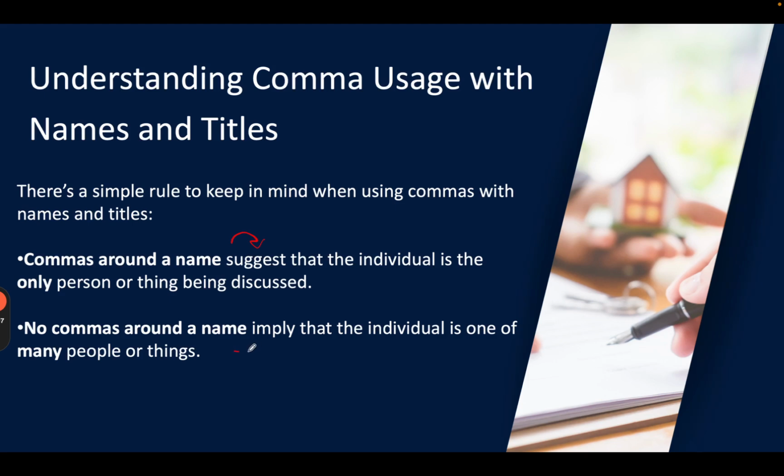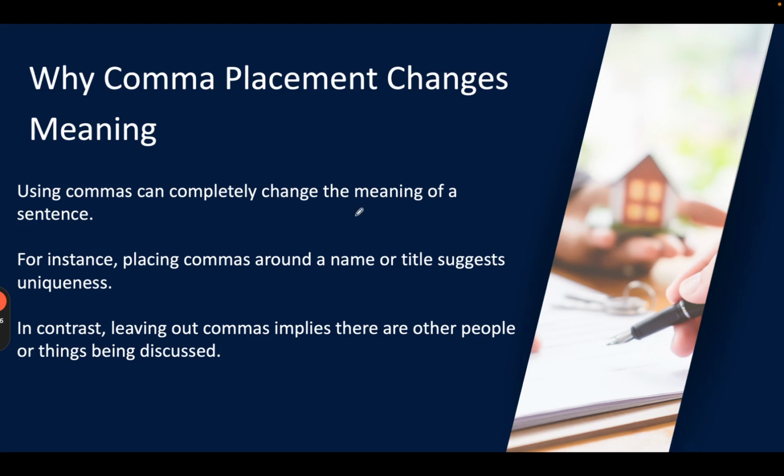No comma around a name implies that individual is just one of many people or things. Using commas can completely change the meaning. It's going to change the meaning of your sentence, right? Placing commas around a name or title suggests uniqueness. There's something unique. This is the person, the only person. But when you don't have commas, it means that there are other people or things being discussed.